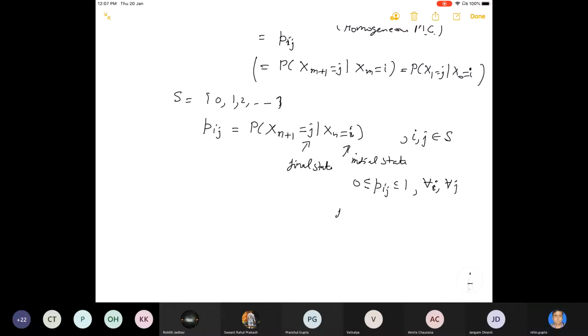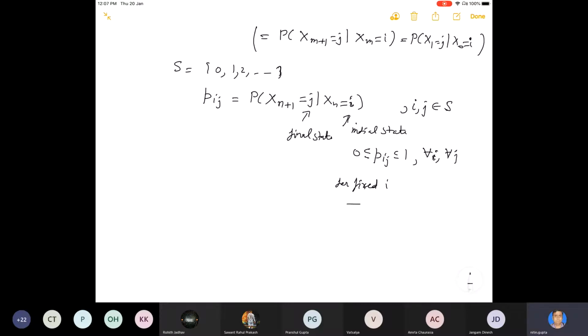Let us say that we fix i. If I sum this Pij over all possible values of j, what will we get? I am summing this conditional probability over j values for fixed i. That will be 1, because the sum of the probabilities should be 1.